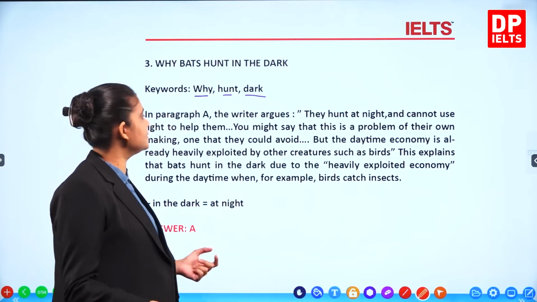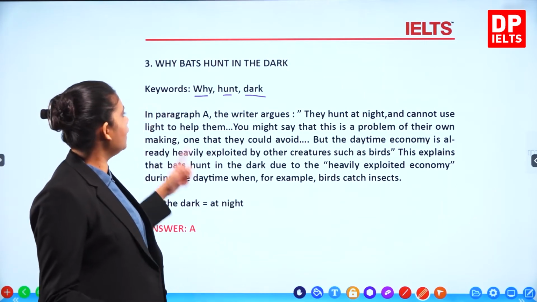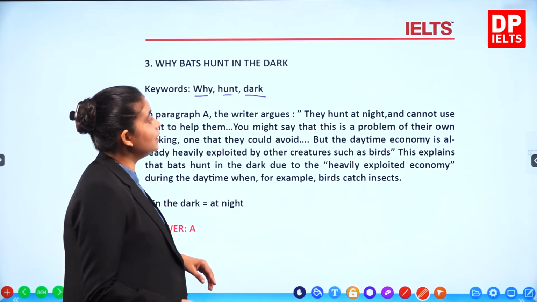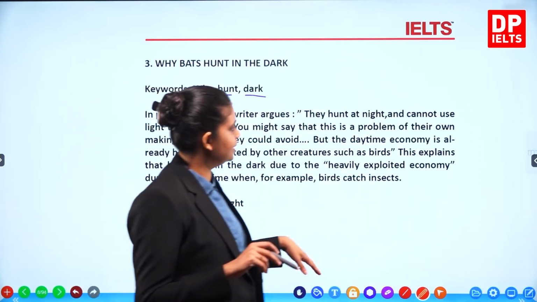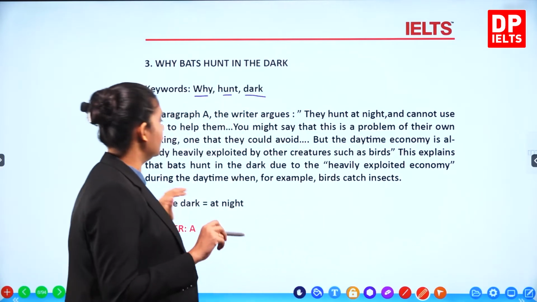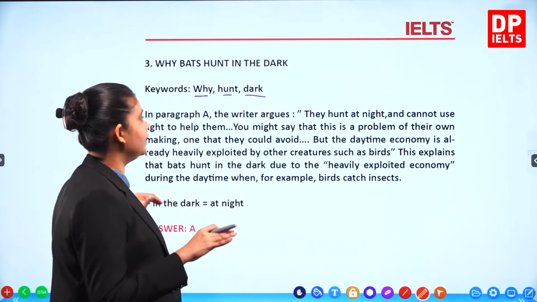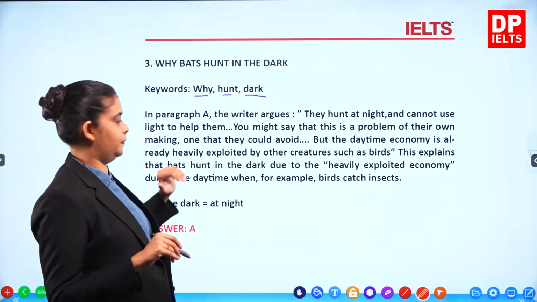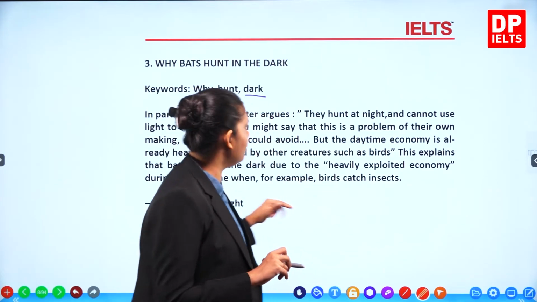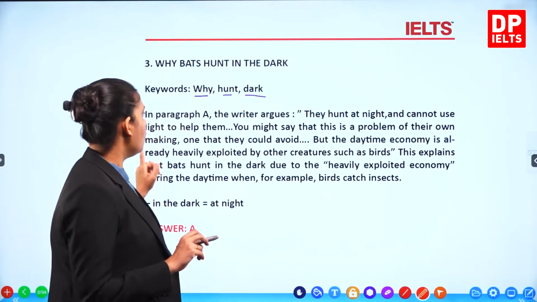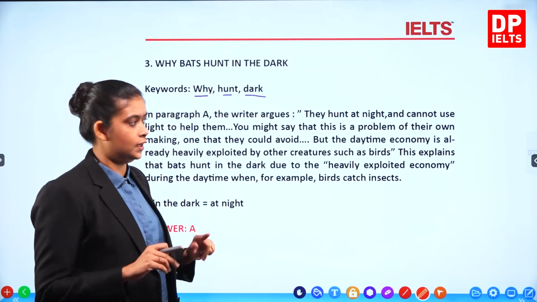Right. In paragraph A, the writer argues they hunt at night and they cannot use light to help them. You might say that this is a problem of their own making, one that they could avoid.